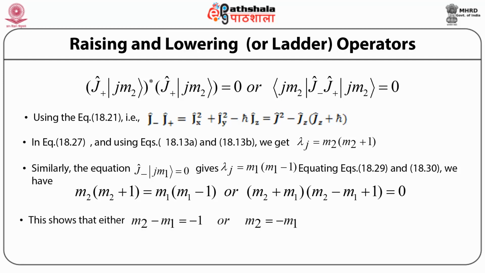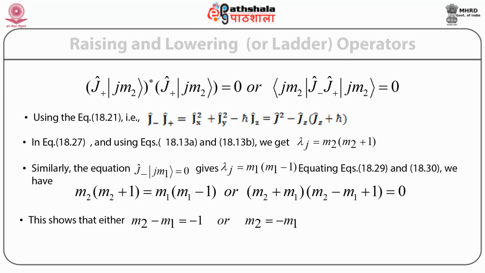This shows that either m2 minus m1 is equal to minus 1 or m2 is equal to minus m1. Out of the two, the first one is ruled out because of the condition described by equation 27, and therefore only the second, according to which the minimum value is the negative of the maximum, is an acceptable solution.